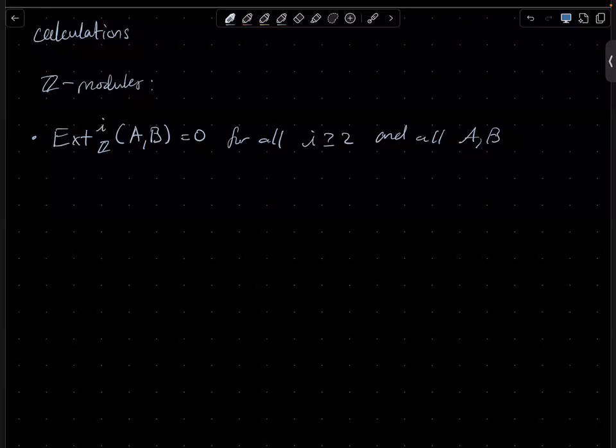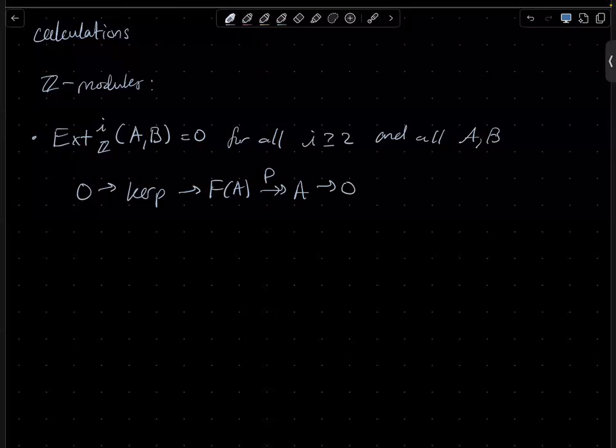I forget how length is counted, but projective and injective resolutions of abelian groups can be chosen strategically so that most of the groups are 0. So I'll use a projective one because it's easier for me to think about. We can choose a projective resolution of A to be this resolution: 0, the kernel of P, then F(A), which is the free module on A, and then P is the projection onto A. So it's like this.